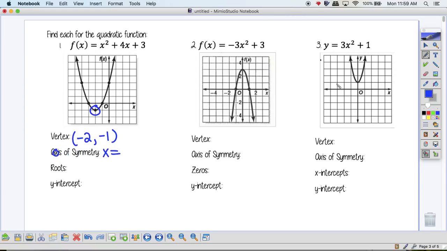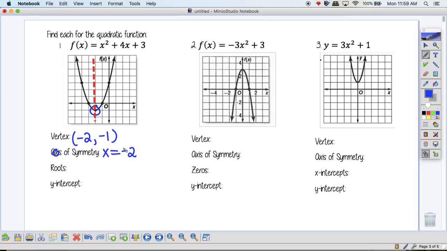Why? Because axis is always a vertical line. Okay, so I need a vertical line that would split this graph in half. Okay, and what vertical line? This vertical line would split this graph in half. Okay, where does that cross the x-axis? It crosses the x-axis at -2.